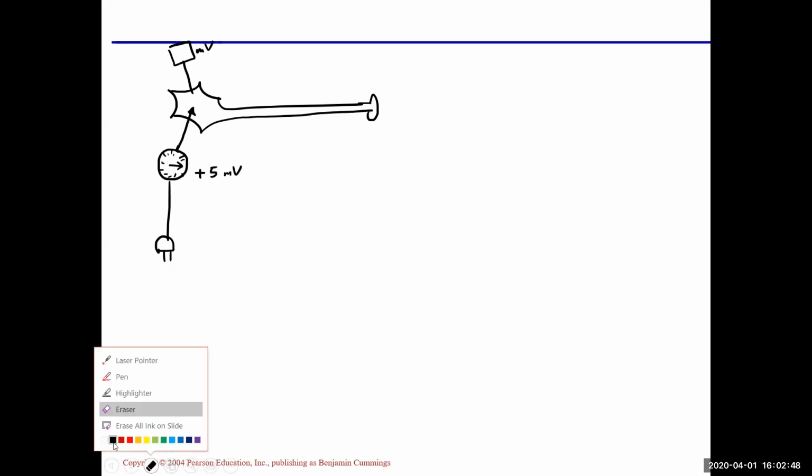So now I'm going to have a reading of negative, if I started at -70 plus 5, that will give me -65 millivolts.